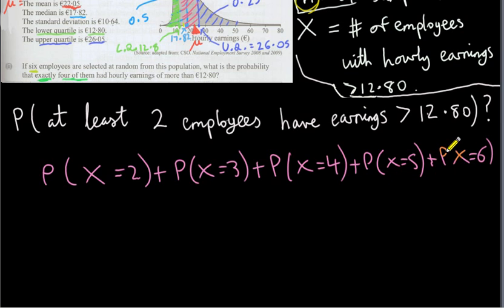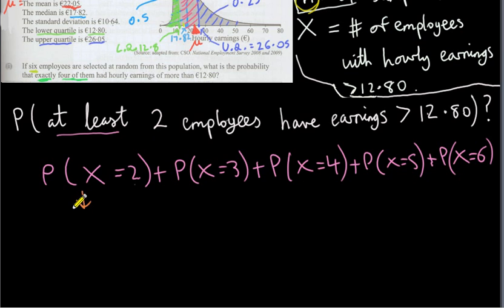This is what we have to calculate, where X is the number of employees in our sample of size 6 that have earnings greater than 12.8. So that's what at least 2 employees means. So X could equal 2, because it says at least 2, or 3, or 4, or 5, or 6.